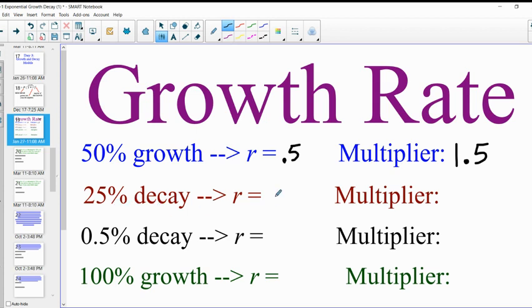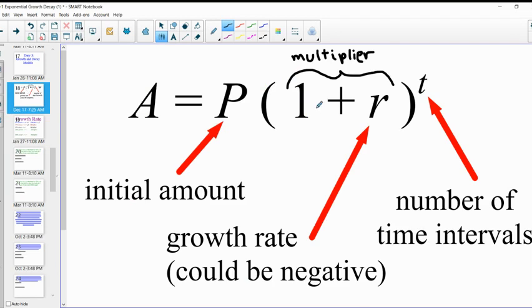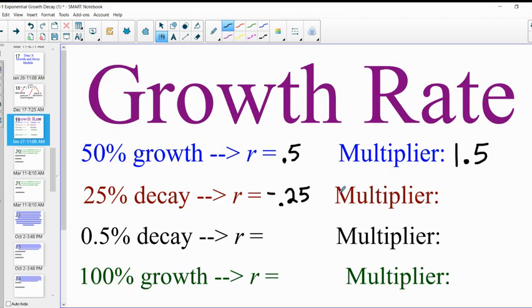25% decay, well, then we're going to think of our growth rate as negative 0.25, negative because our amount is decreasing, and you're thinking, well, that doesn't make sense. We're going to get negative values. Remember that our growth rate is negative, but in our formula, we've got 1 plus that growth rate, which is going to look a lot like 1 minus 0.25, which gives us 0.75.